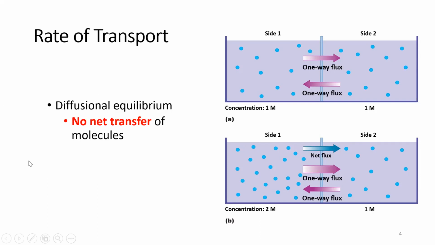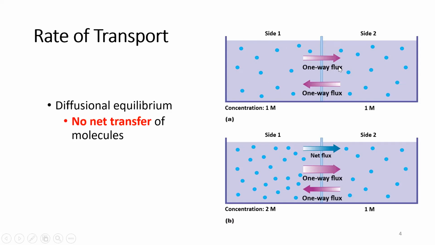The first thing we want to describe as a part of understanding that is diffusional equilibrium. Diffusional equilibrium is a state where there's no net transfer of molecules, okay? If we look at the first part of this illustration, we can see that side 1 has an equal concentration, an equal amount of particles dissolved, as side 2, so it's equal.